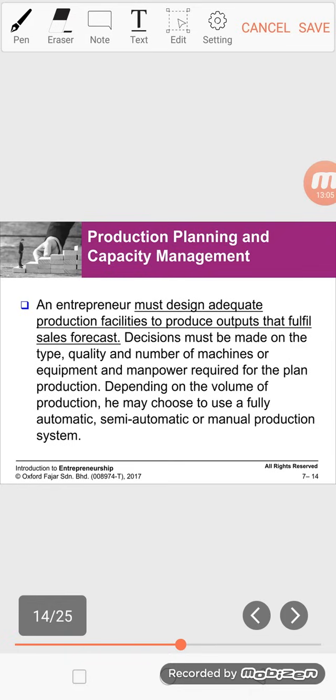Okay, jangan kita punya facilities tu lagi advanced tapi our production target is very low, then it is such a waste. If our production we target very high tetapi our facilities are very low, then our facilities won't meet the demand, won't meet the target. Okay, so akan membazir juga. Kita tak akan capai kita punya target.